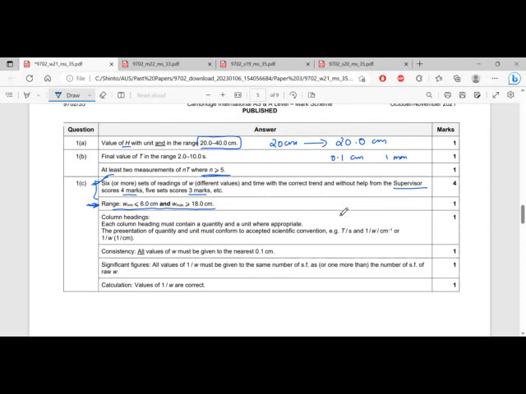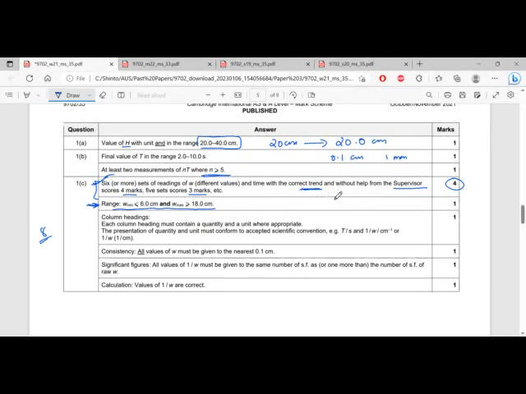Now, how you should draw a table, and what points you have to be careful about to get this 8 marks. As you know, 1C is always going to be an 8 mark question. So 4 marks you will get if you take the readings without the help of the supervisor and they show the correct trend.